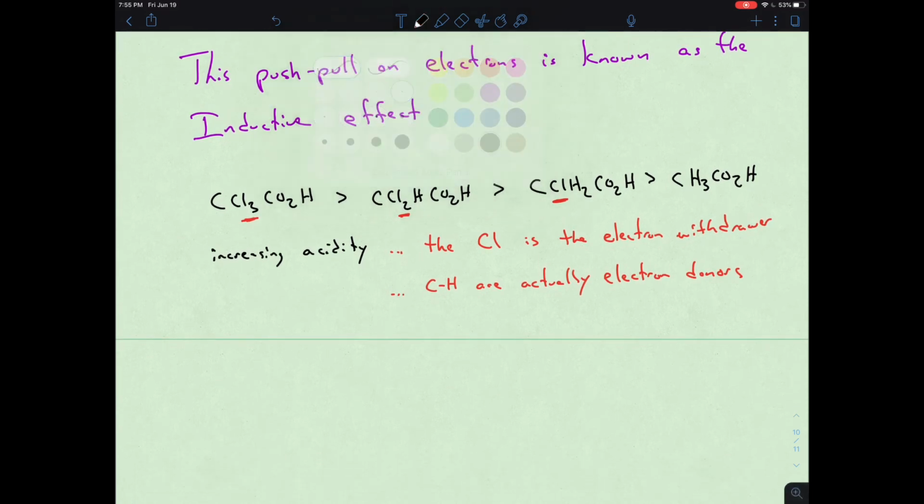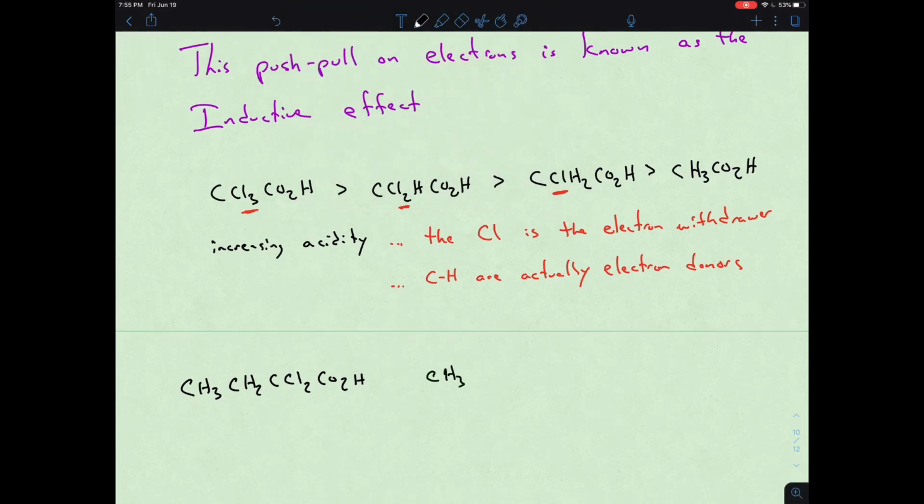We would also see it in terms of distance. So here, looking at a molecule that has a little bit of a longer chain to it, what we can do with these is get a sense of proximity.